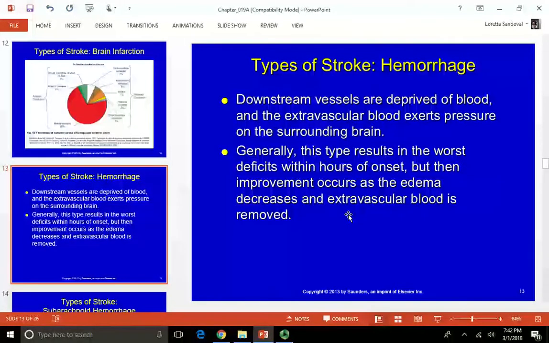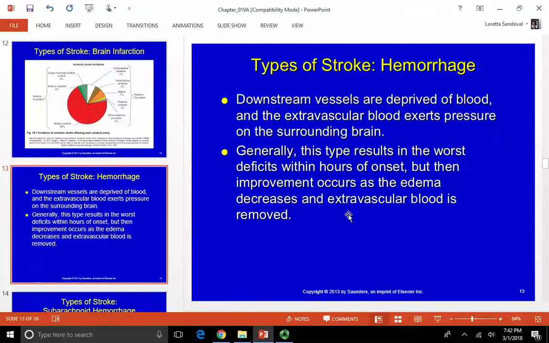So in a hemorrhagic stroke, not only is there damage in the area where the bleed is, but downstream vessels are deprived of blood, and the extravascular blood, so the blood that's outside the veins, exerts pressure on the surrounding brain. So generally, this type results in the worst deficits within hours of onset, but then improvement occurs as the edema decreases and the extravascular blood is removed by the body.